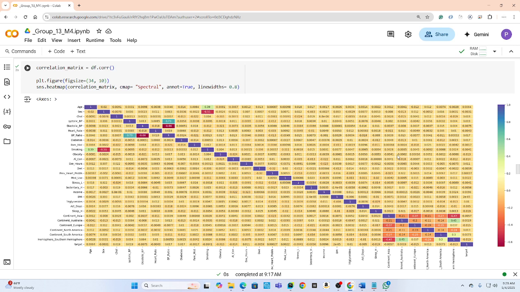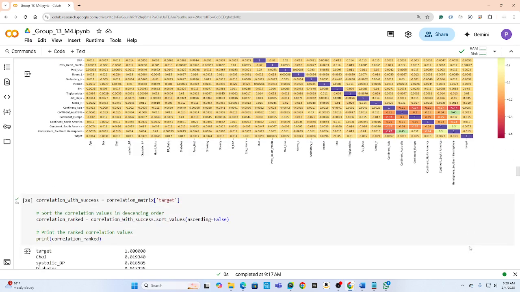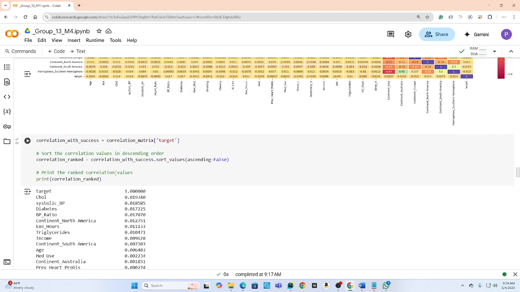High correlation between features can signal collinearity, something we can address during modeling. And we see here the target, and we can sort the correlation toward the target, which is the heart attack propensity, from lowest to highest, and that's what we are able to do here.